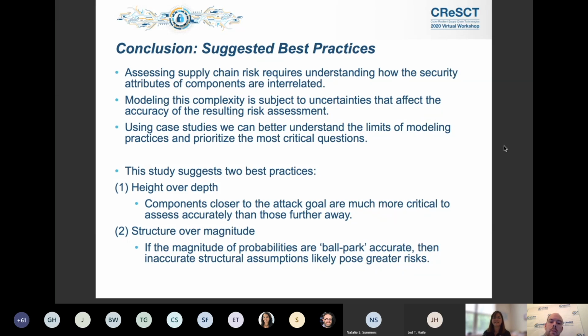Yeah, we'd be interested in using real data instead of an example like this. I think it would be helpful to continue to validate or improve the model in different ways.